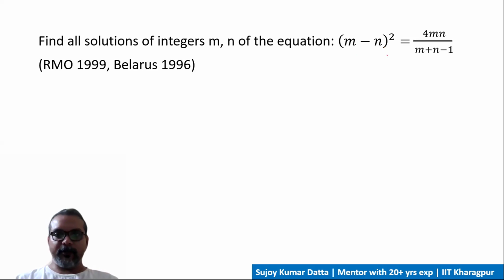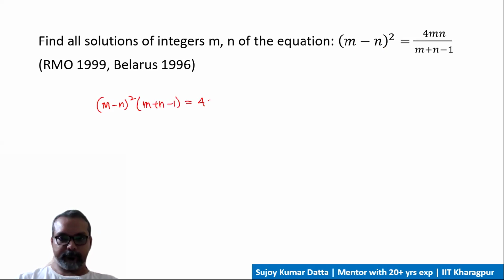So you have to solve for this. So let's cross multiply. And then minus 1 you separately multiply.